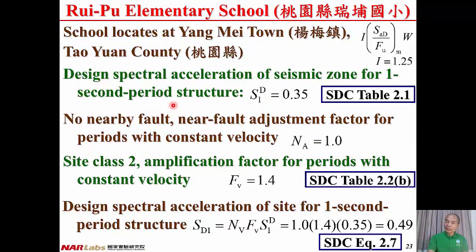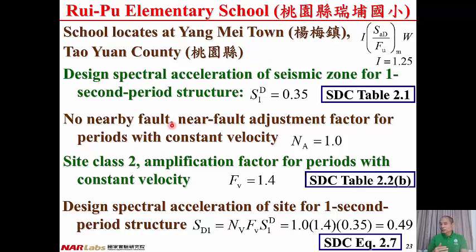according to the location of the site at Yangmei Town of Taoyuan County. Then look up table 2.1, we can have the design spectral acceleration of seismic zone for 1 second period structure, S1D equal to 0.35, and we use 1 second period to represent medium to long period range.